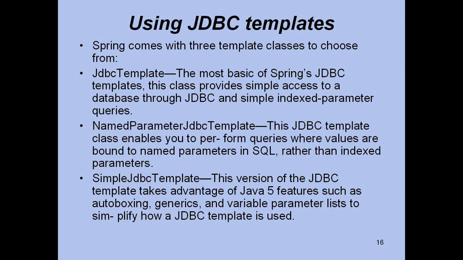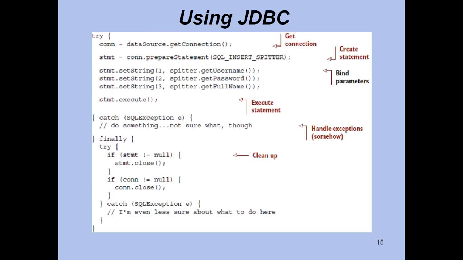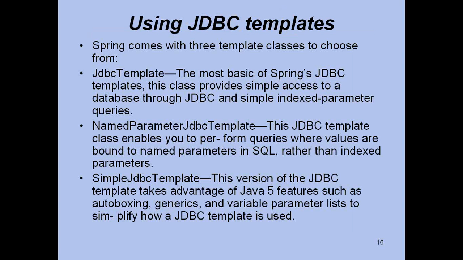It has indexed parameter queries, similar to the ones like this. You have to provide the index and set the values. But the advantage is you don't need to do all this opening and closing of connections and statements. The second one is named parameter JDBC template. I'll show you examples for each one of these.